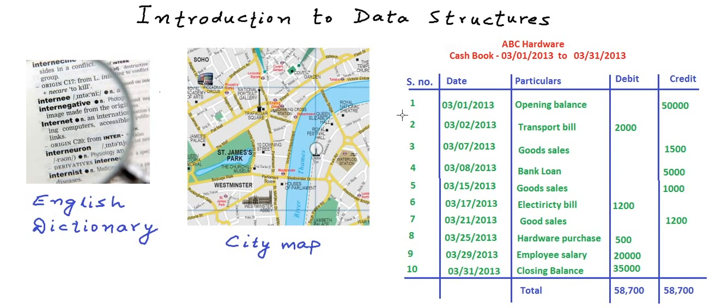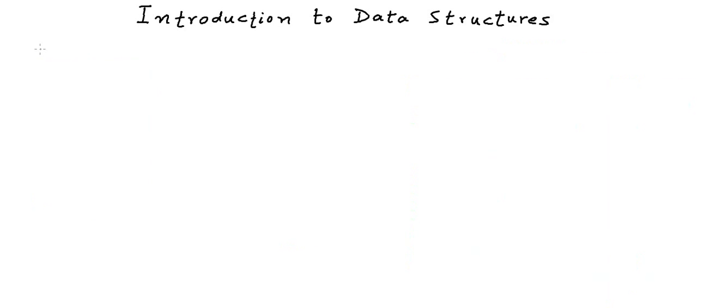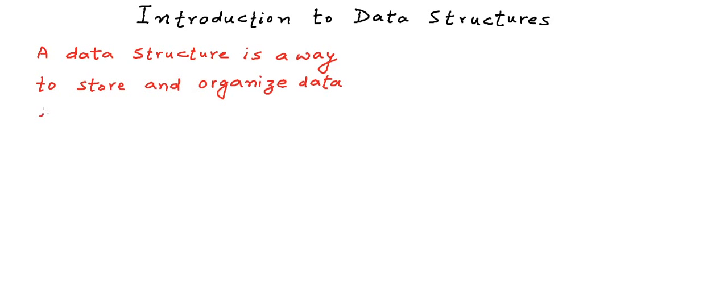A formal definition of a data structure would be that a data structure is a way to store and organize data in a computer so that the data can be used efficiently.